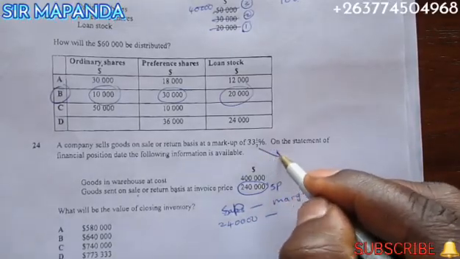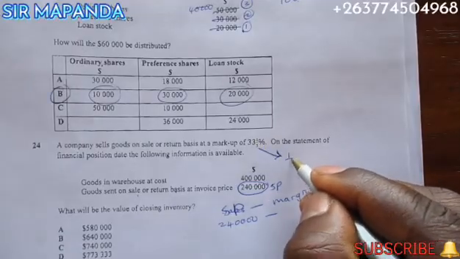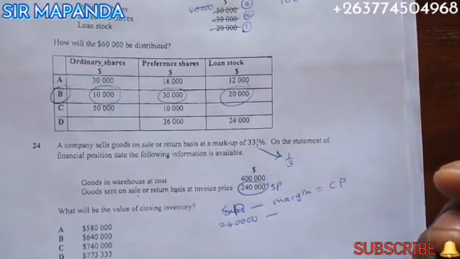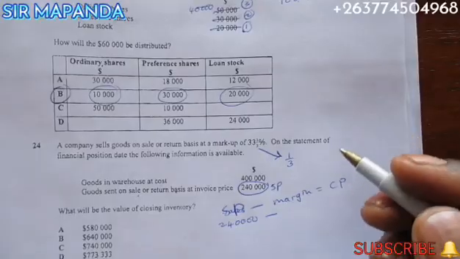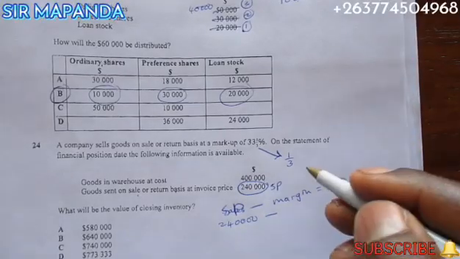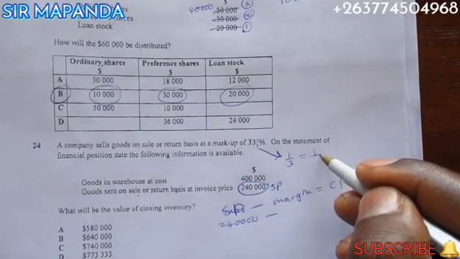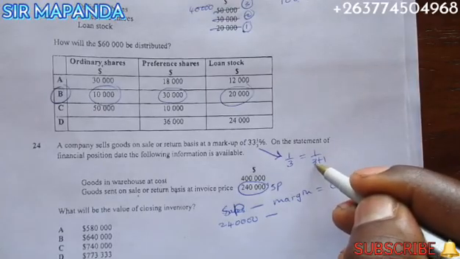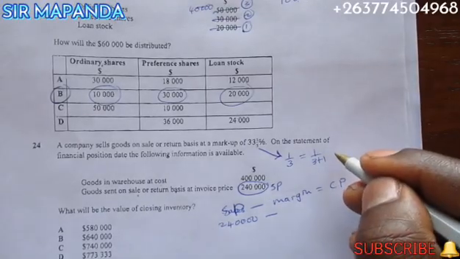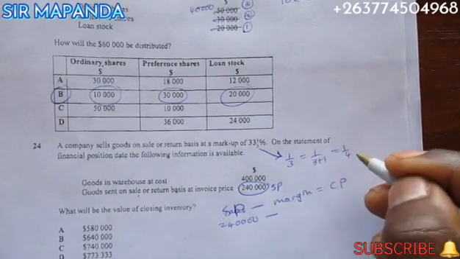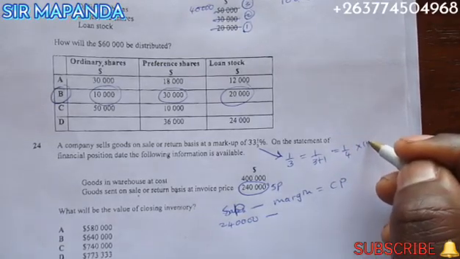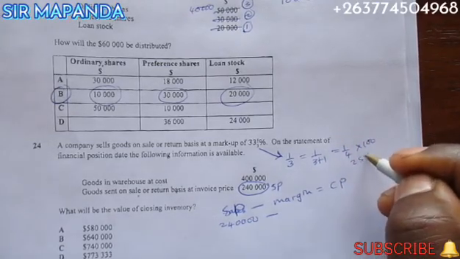So we are given markup as 33 and 1/3%, which is simply 1/3 as a fraction in its lowest terms. So how do you find margin? You add 1 on 3. You add the numerator on the denominator. I hope you are following. You get 1/4, and 1/4 times 100 gives you 25%.